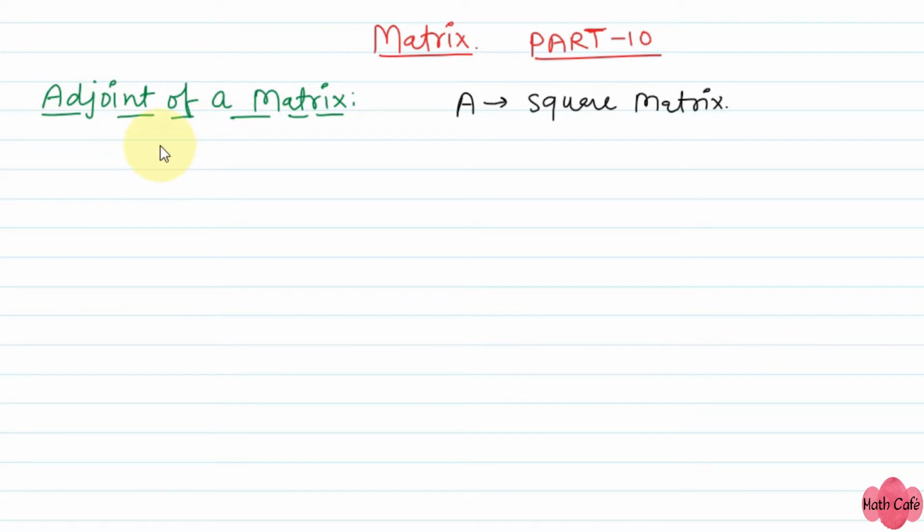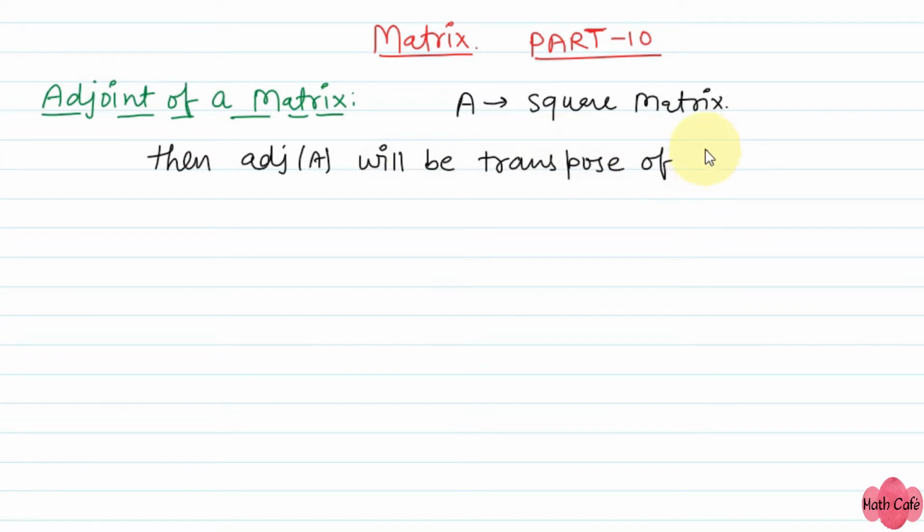Alright, then adjoint of A will be the transpose of the cofactor matrix of the given matrix.